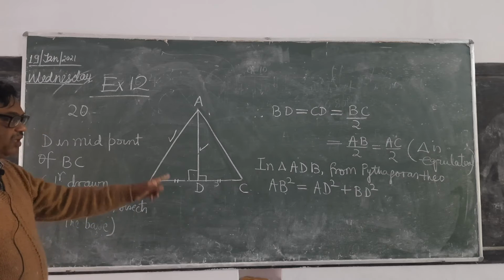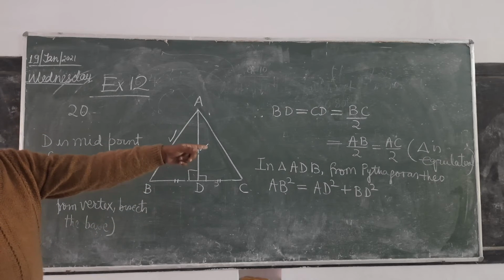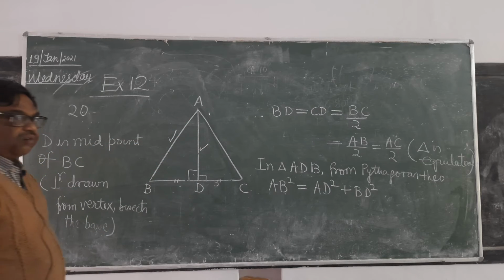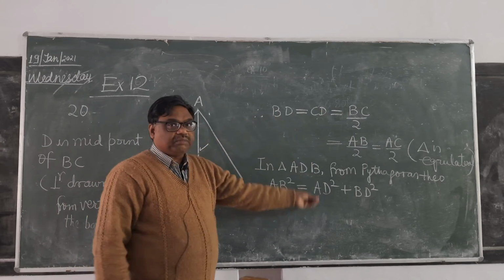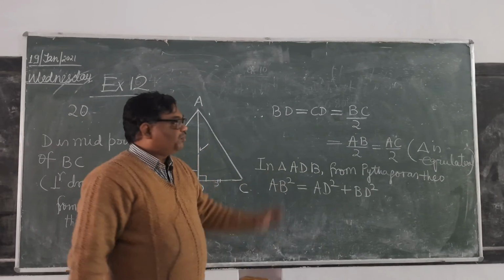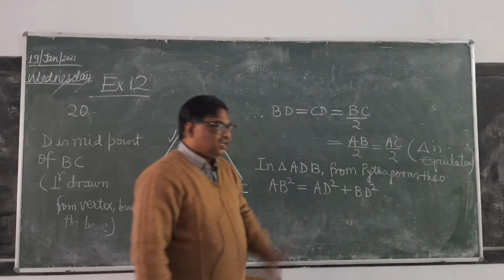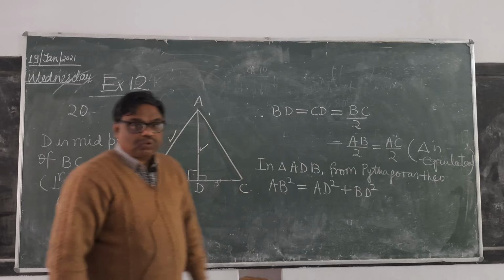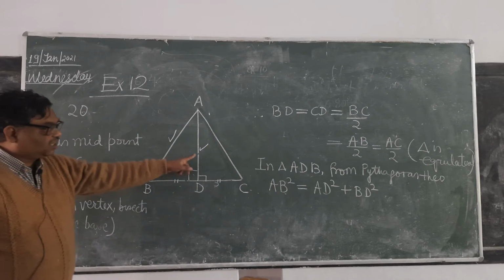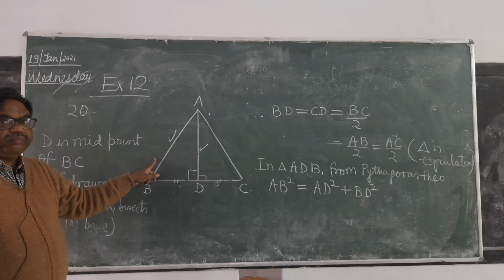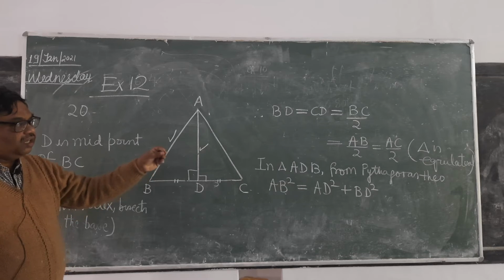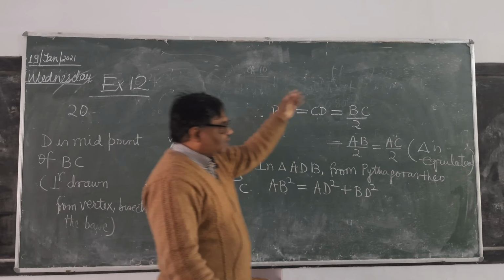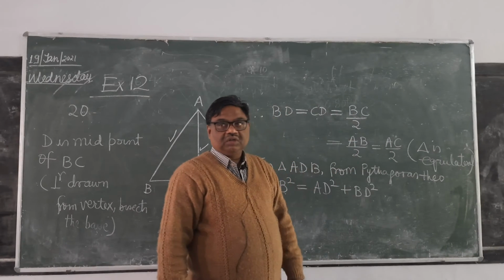Now BD can be written as AB upon 2. Already you have written. We will use only that thing which is useful for us. We will not write BD as AC upon 2 here. Why not? Because the terms in what we have to prove are AD and AB. So that's why in place of BD we will not write AC upon 2.